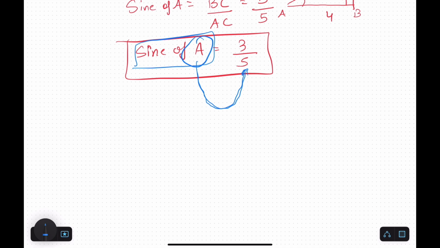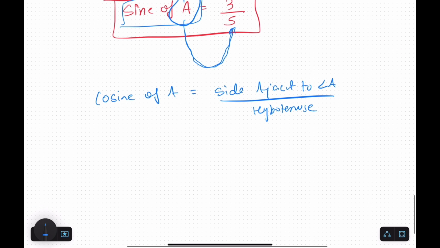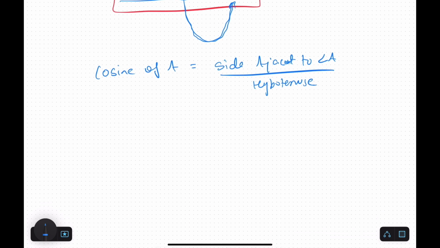Similarly, there is another ratio, which is cosine of A. So cosine of A, what does it tell you? It tells you side adjacent to angle A upon hypotenuse. Now again I will draw a triangle for you.